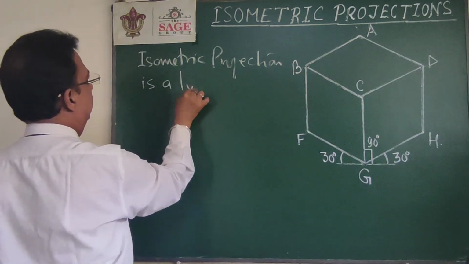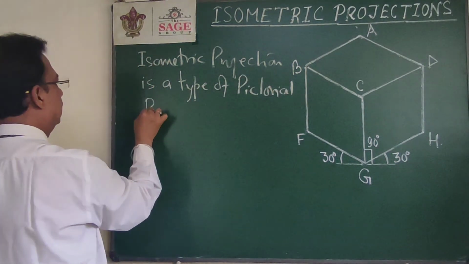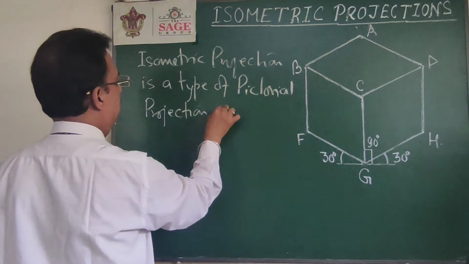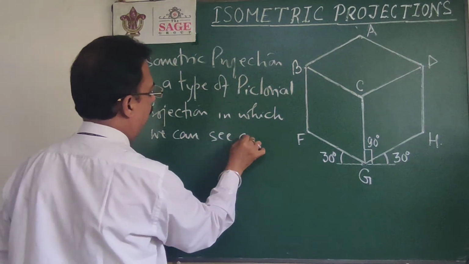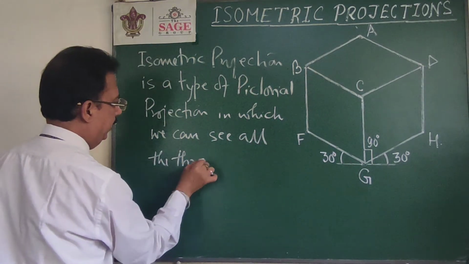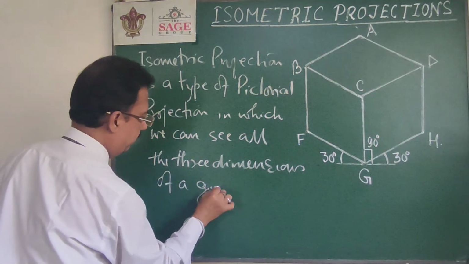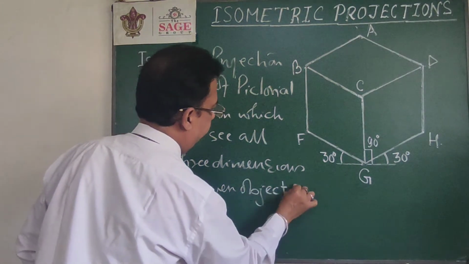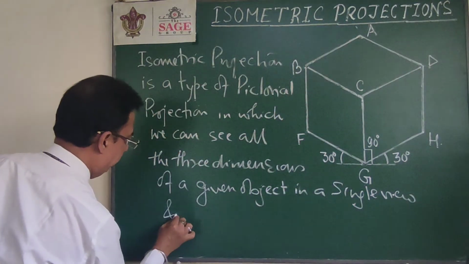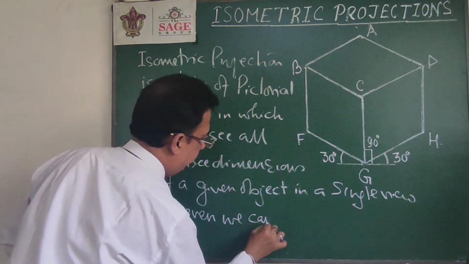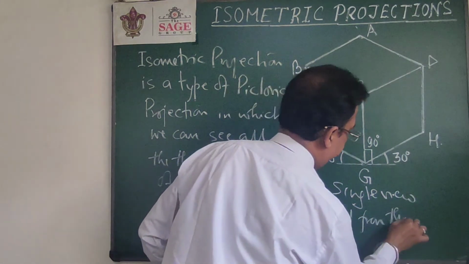is a type of pictorial projection in which we can see all the three dimensions of a given object in a single view, and even we can measure it from the view.